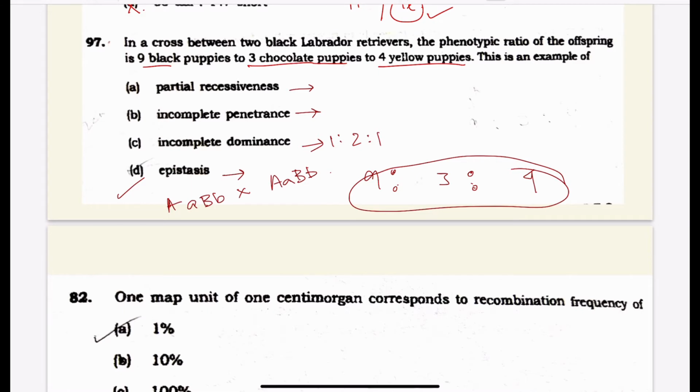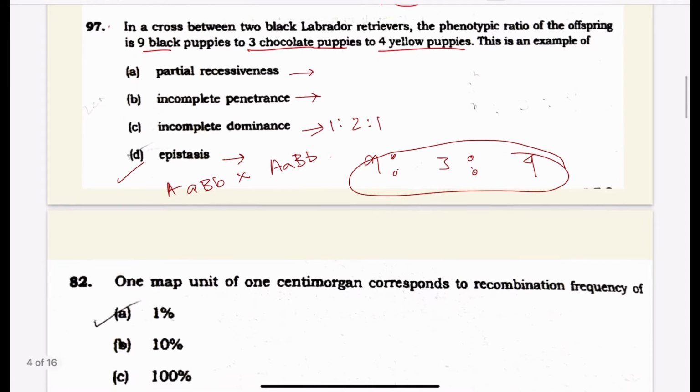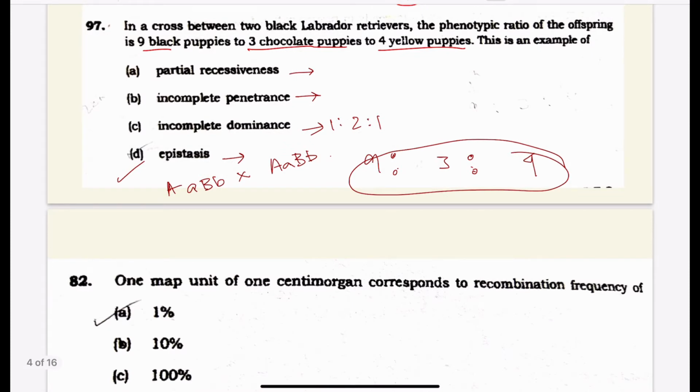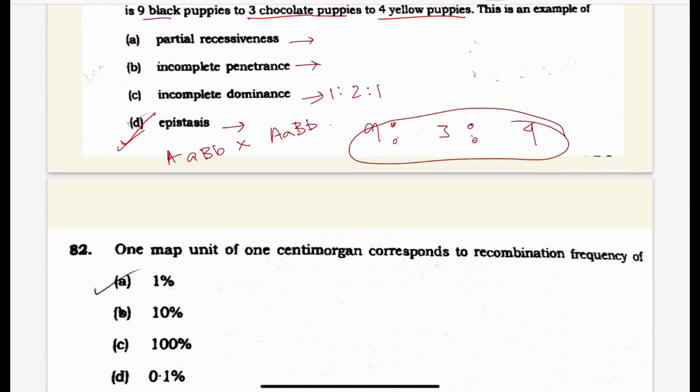Well, the answer will be epistasis, since incomplete dominance is talking about a 1:2:1 ratio, and here in this question given is 9:3:4, which we will see in none of them, partial recessiveness and incomplete penetrance, but in epistasis. Right, the answer will be D.